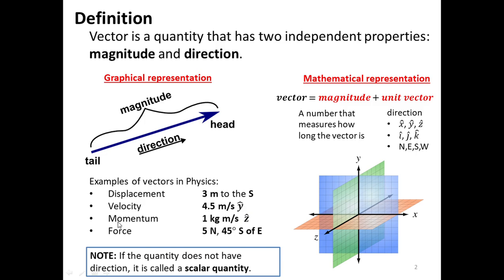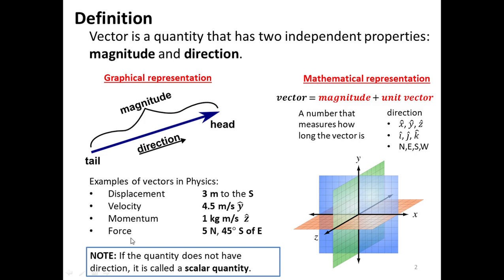Another example is, of course, the momentum. Here we have an example, 1 kilogram meters per second to the positive z-axis, which means that 1 kilogram meters per second is the magnitude of this vector, and positive z-axis is its direction.